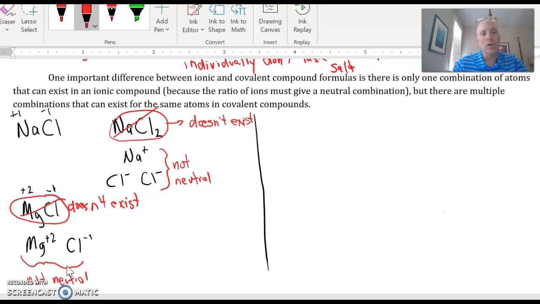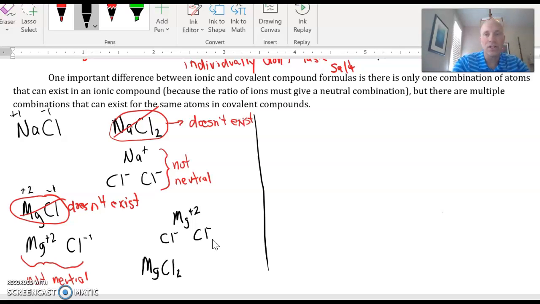So how do you get a neutral compound from these ions? We need to have 2 chloride ions for every 1 magnesium ion. That is the ratio that's required to give that neutral compound. So the only ionic compound between these is going to be MgCl2.